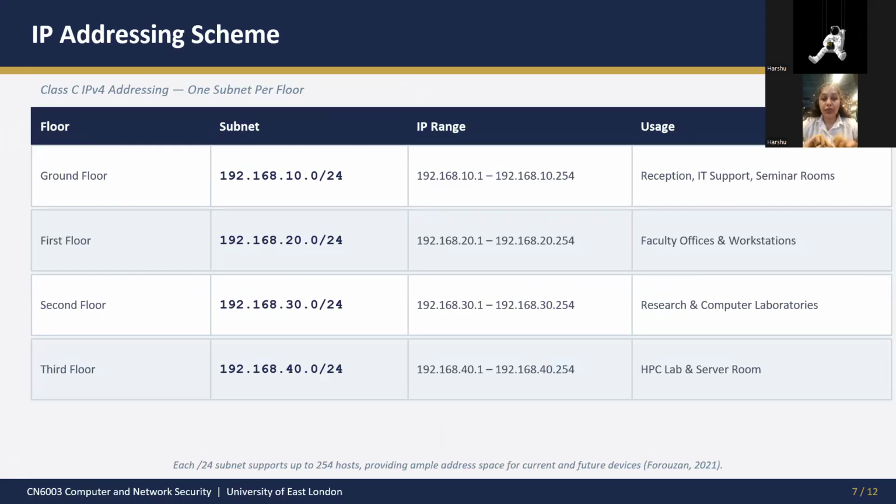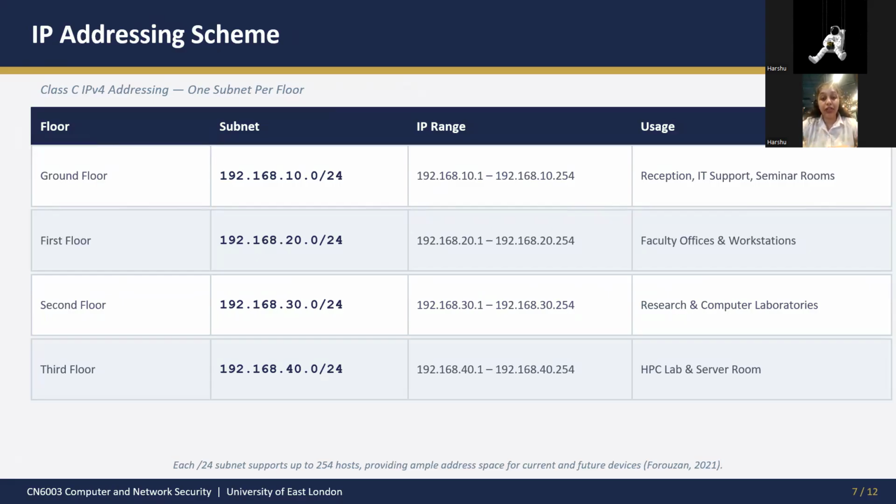So, when we talk about IP addressing, I used a Class C IP addressing scheme because it is suitable for medium-sized networks. Each floor is assigned a separate subnet, which improves organization and reduces broadcast traffic.